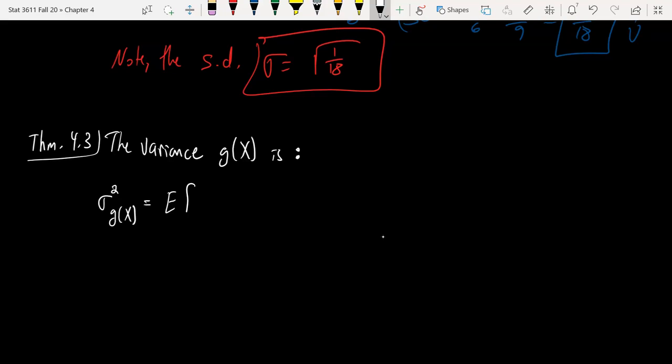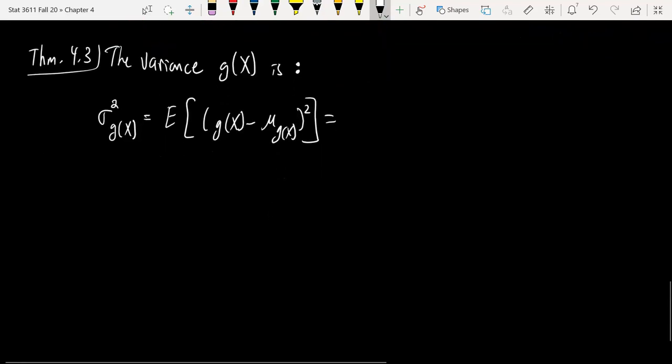This is, according to the definition, going to be the expected value of g of x minus its mean, minus the mean of g of x, quantity squared. So again, same idea as the original definition of variance: it's the expected squared distance that this takes on from its mean.